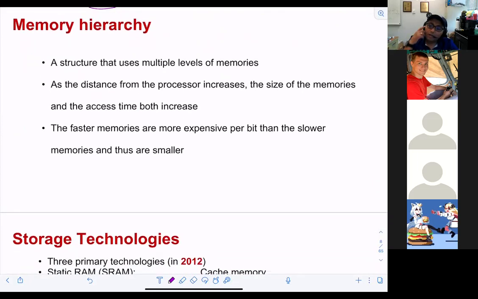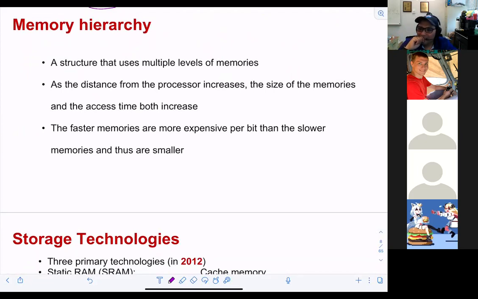Of course, if I would like to build a small memory, it's going to be expensive, by the way. We're going to know why in later slides, but it's smaller and very expensive. So, do you know why the processor is very pricey? The price of the processor comes from the cache.